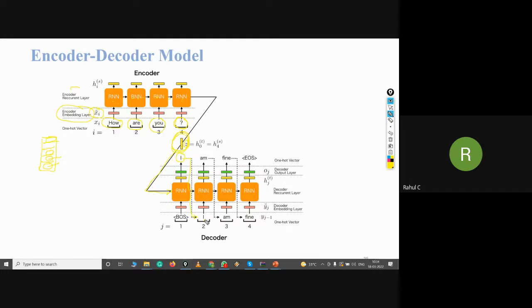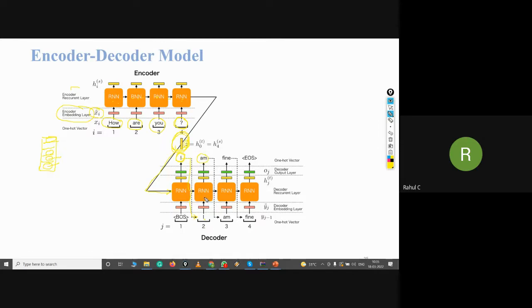In order to predict the word am, you get the information of the previous word, this I, and also you get the encoded information. So now you predicted I am.